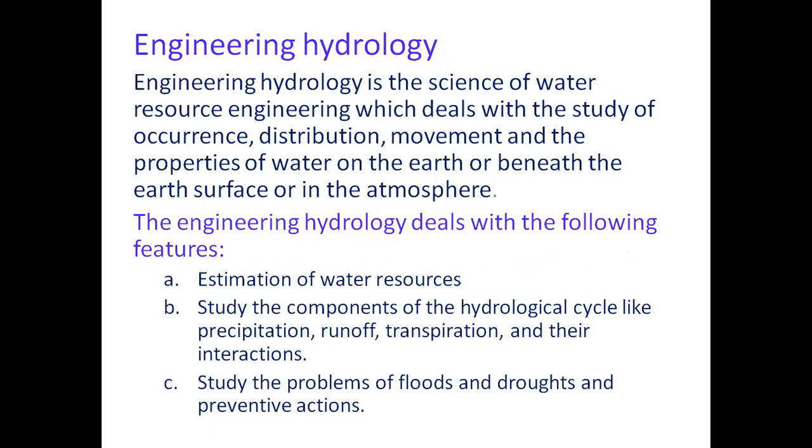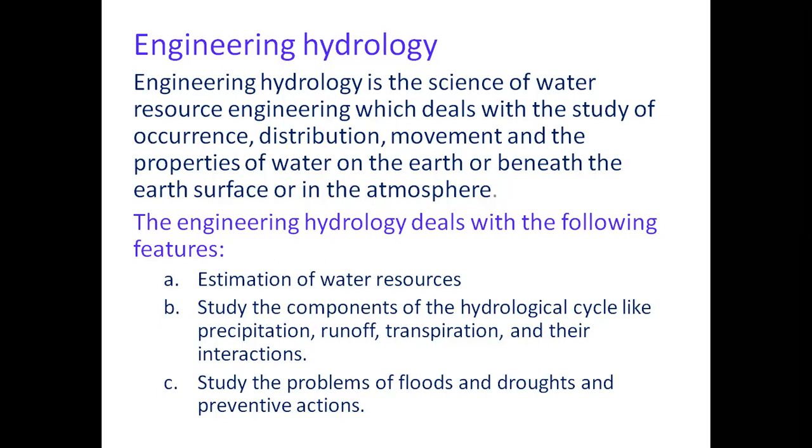What is engineering hydrology? First, we have to see the definition. Engineering hydrology is the science of water resource engineering which deals with the study of occurrence, distribution, movement, and the properties of water on the earth, beneath the earth's surface, or in the atmosphere.